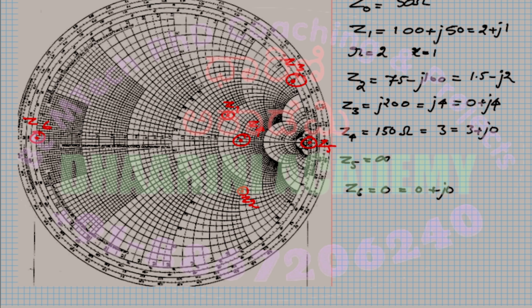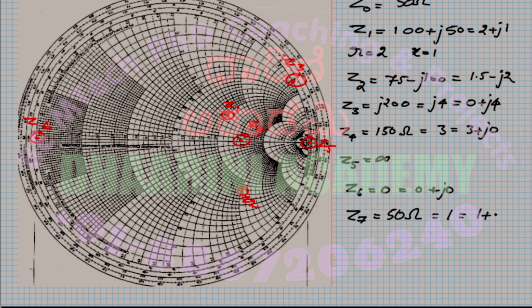Okay, all right. Let's move further. Z7 is equal to simply 50 ohms. When I divide by 50, it is simply 1. 1 means it is 1 plus J0. Correct? J0 means it is the horizontal line. 1 means the R equal to 1 circle.